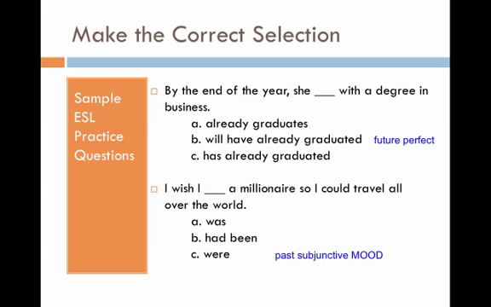Now, how many of you would mark a student wrong if she put, I wish I was a millionaire? Which grammatical errors do we point out and ask students to correct? And which ones do we maybe let slide?